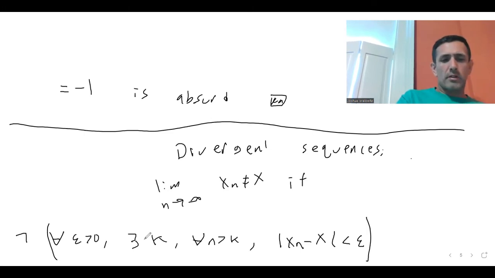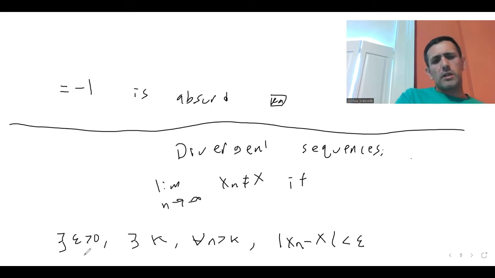Well, when I have a string of quantifiers, when I negate this, it becomes there exists some epsilon bigger than 0. And instead of using epsilon, usually epsilon's for all. When we have there exists, we just denote it by epsilon naught, epsilon 0, or something like that. So let's do it epsilon 0.